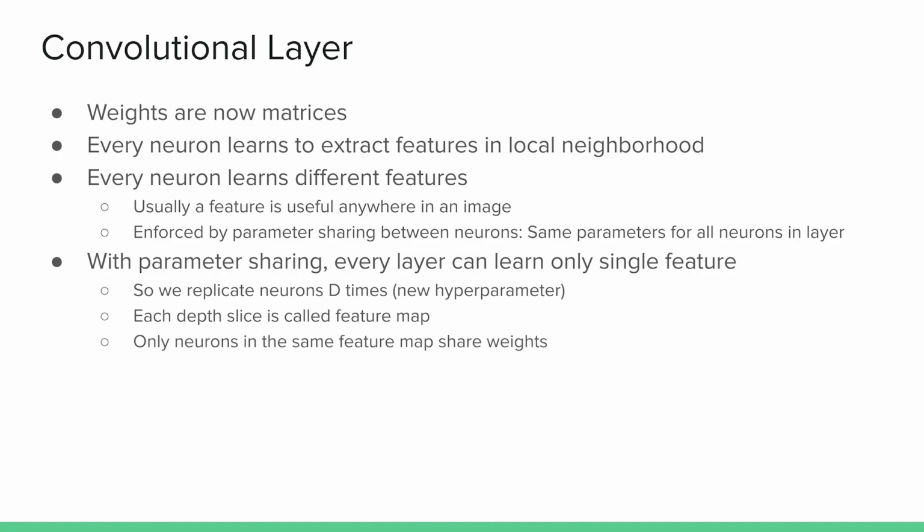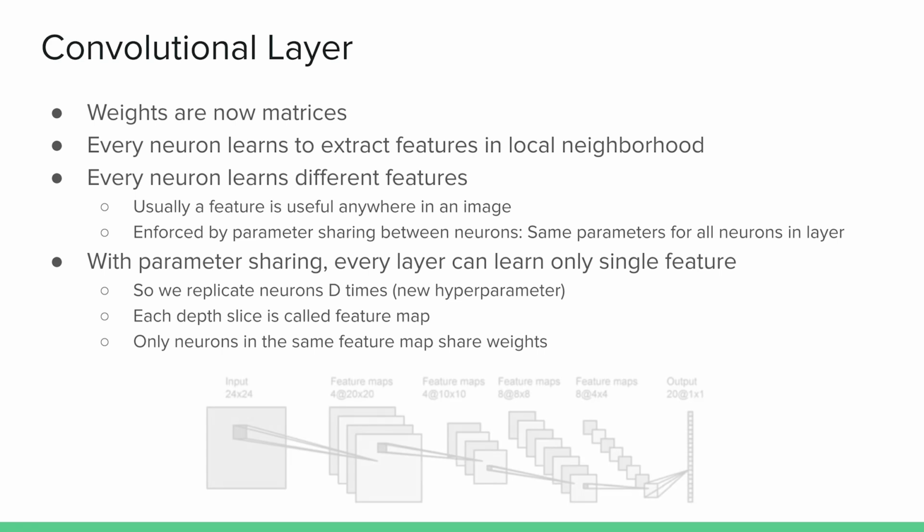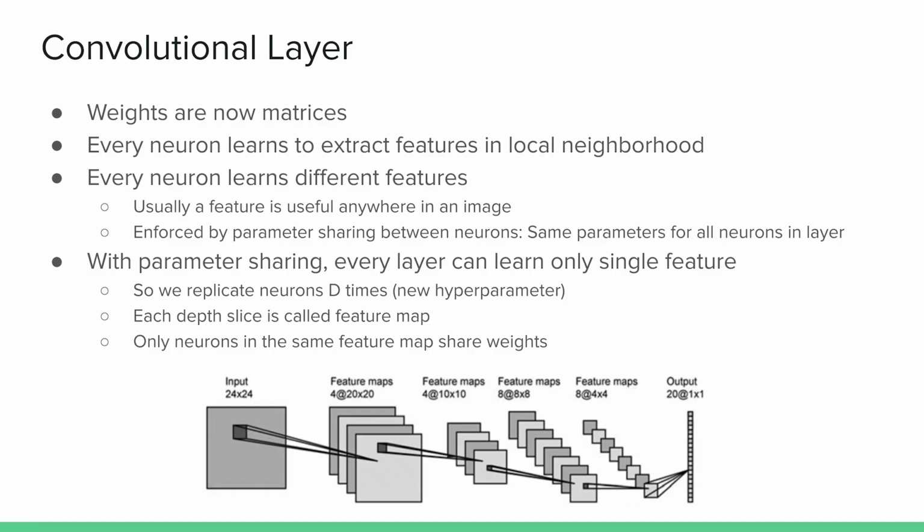So only neurons that are in the same feature map share the weights, and by replicating the layer d times, we can extract d different features in this one layer here. And this is how it could look. So we have our input, which is a 24 by 24 grid. And then we extract features.